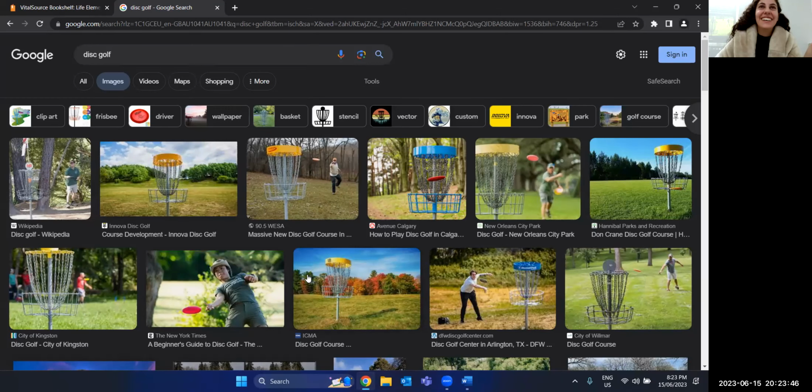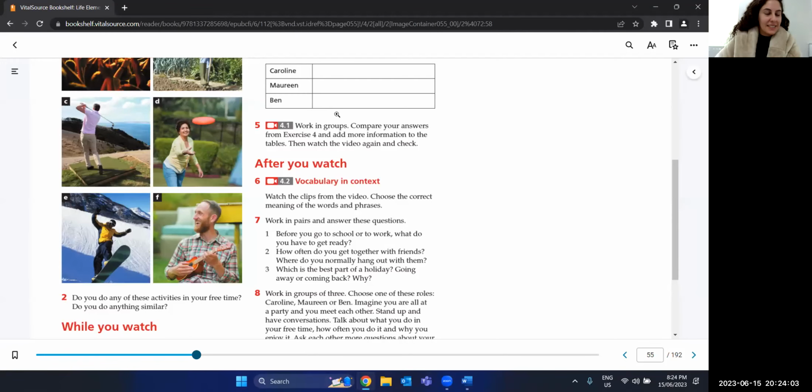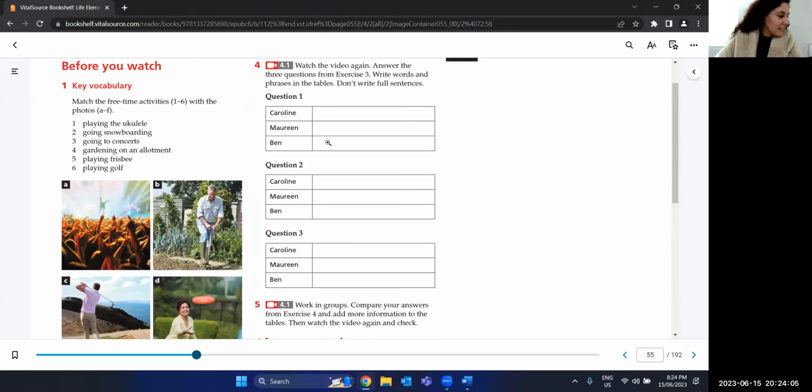Really? You see them do this? Okay, yeah. I never see it before. That's funny. So this is called disc golf. So that's what Ben said that he does.